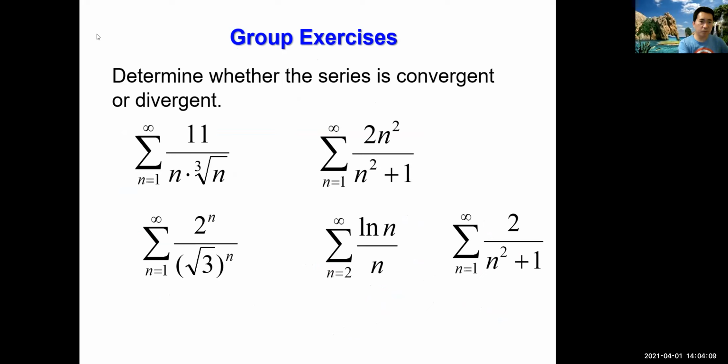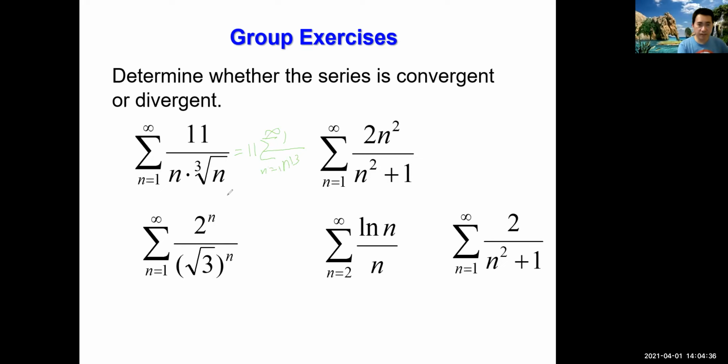We look at the first one, 11 over n to the 4/3. Again, with the 11, you can take it out. It's just 1 over n to the first times n to the third, you add up the powers, and that will be n to the 4/3.